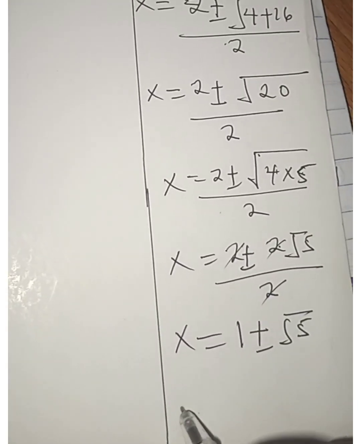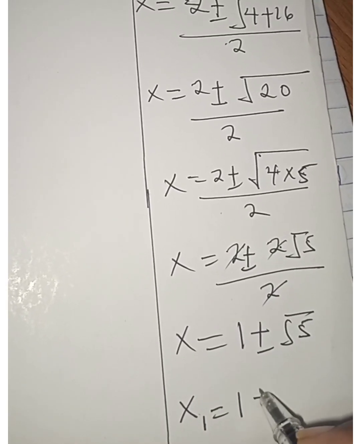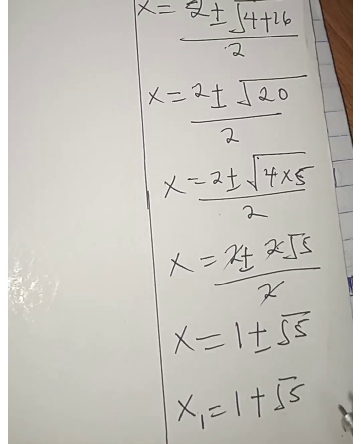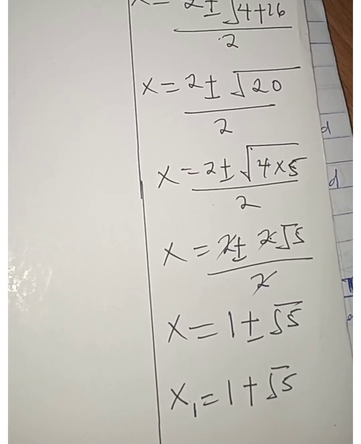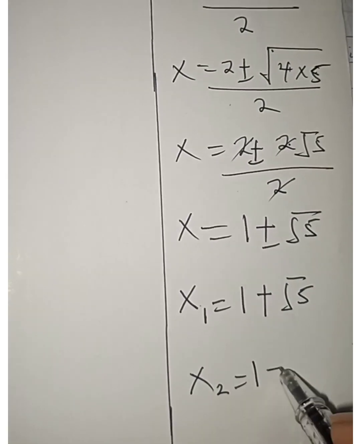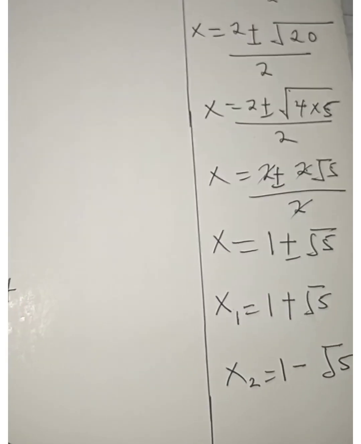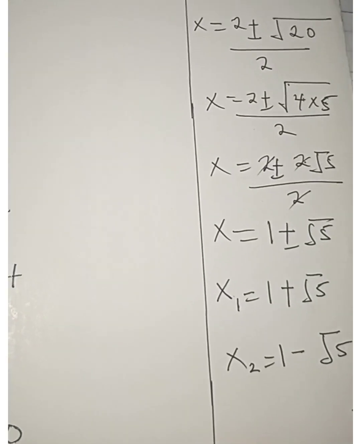So the first value, x1, is 1 plus the square root of 5, and the second value, x2, is 1 minus the square root of 5. Leaving our answers in surd form, that is the final answer.